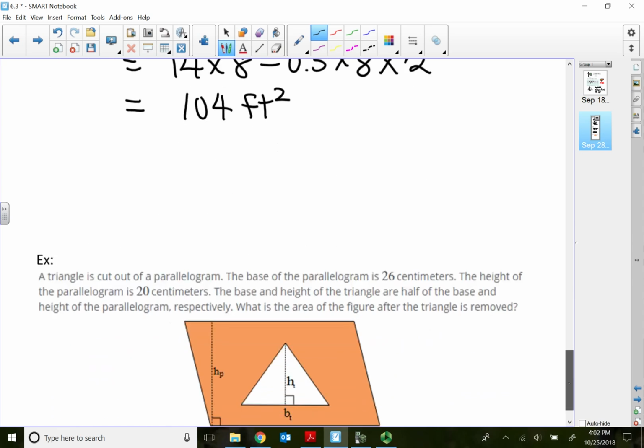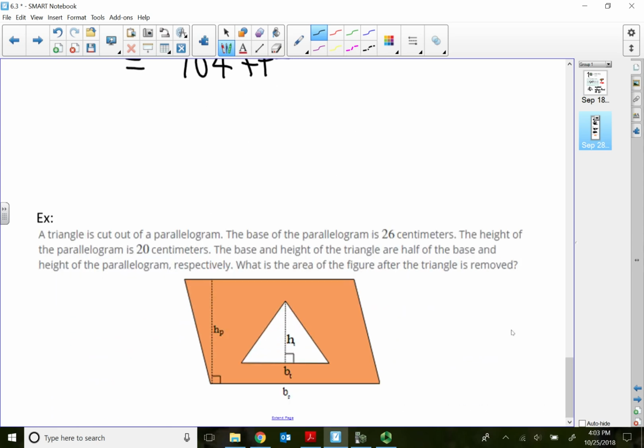Okay. All right, this one. A triangle is cut off a parallelogram, so that means I have a triangle hole here. I'm going to go ahead and write it down. The base of the parallelogram is 26 centimeters. The height of the parallelogram, up and down here, is 20 centimeters.